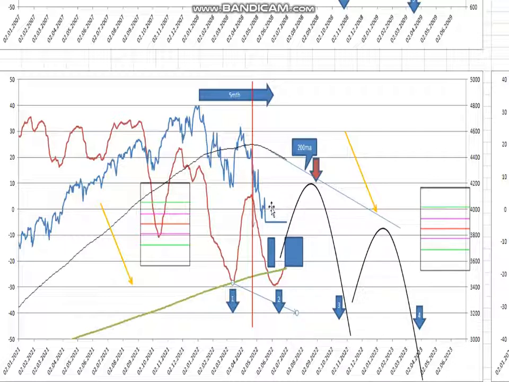I don't know. But when this is reached, we typically should look for a bigger rally going up near the 200-day moving average. Here I had drawn a rough indication of where that will be, and it will typically be backtesting this support from the first wave, so around 4,200-ish, around there.